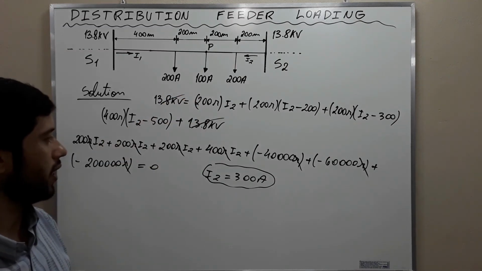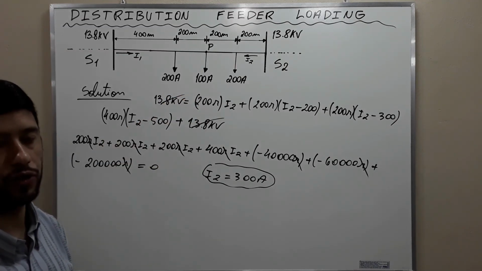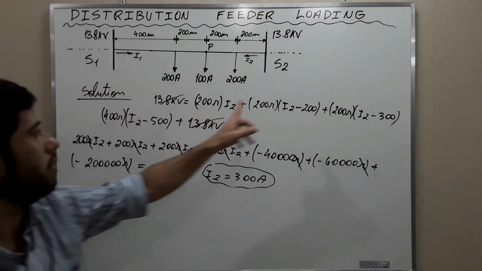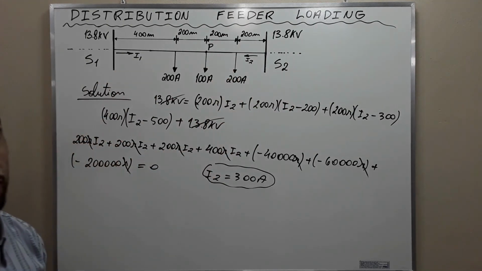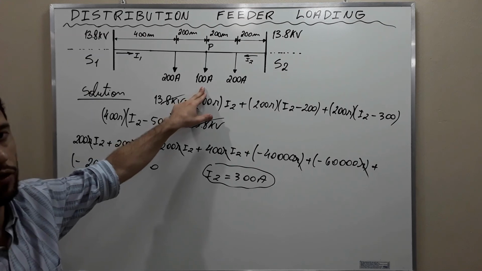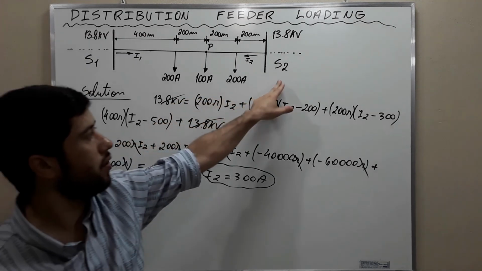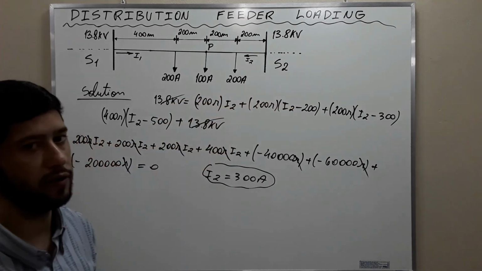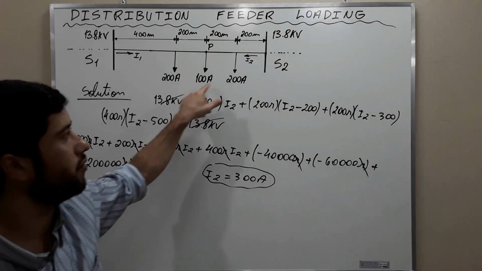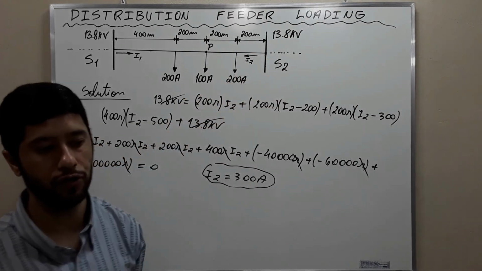Then we have proved twice using two different methods, one coming from S1 and the other coming from S2, that this source here does not provide current to point P, but this source here does. This current of 100 amperes actually comes from source 2.